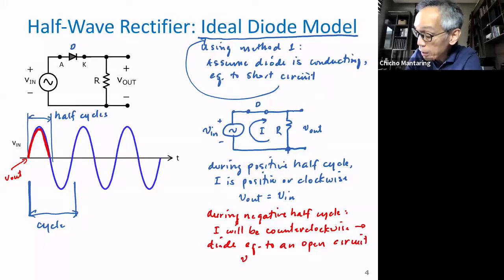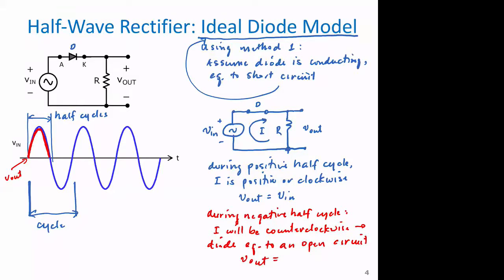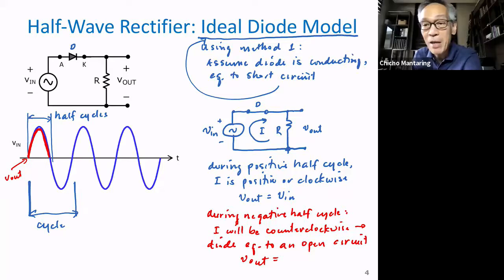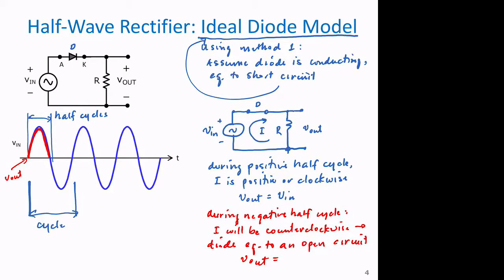If the diode is equivalent to an open circuit, ano yung value ng Vout? Can I hear someone else tell me what the value of Vout will be? 0 po, sir. Bakit 0? Tama yung sagot, no? But I just want to hear why it is 0 for everybody to know also. Kasi po open po yung circuit, so wala pong complete path.